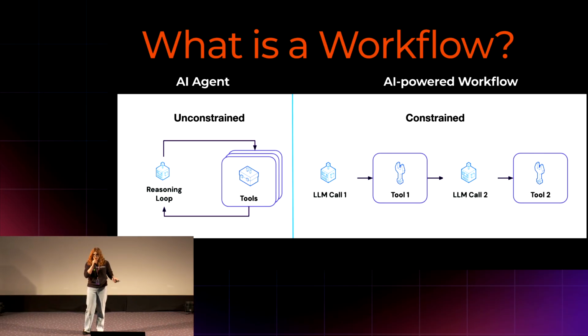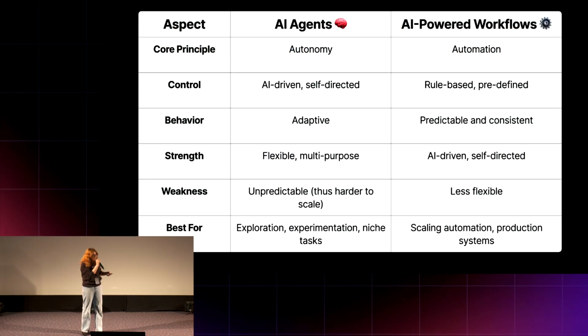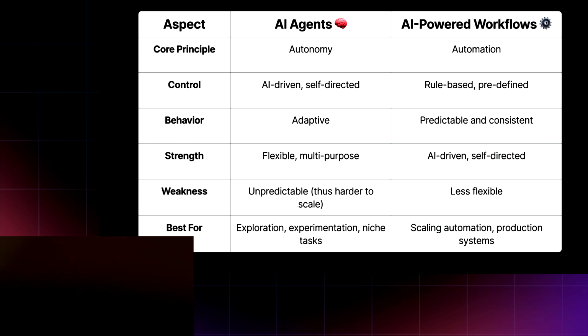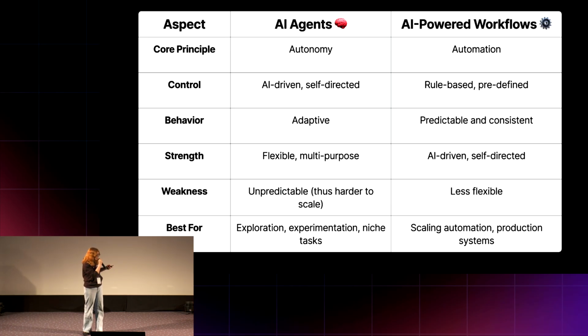And once we're clear on this definition, we can go through this list and understand why workflows are a little bit better than agents for building knowledge systems. Because when you have an agent, you have automation, you have more independence from the agent, but you don't have as much reliability as you get with a workflow.